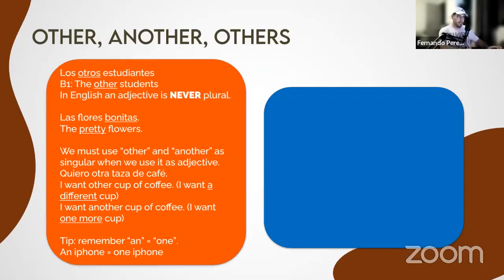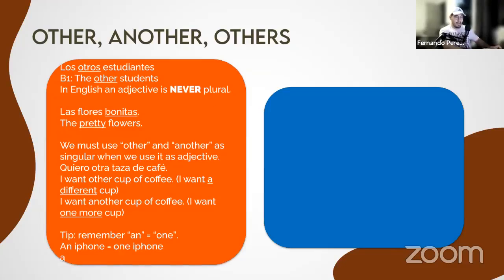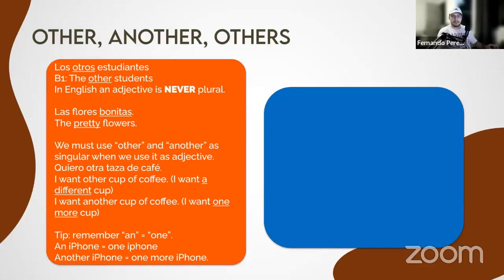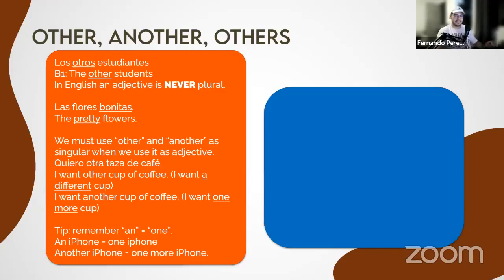So if you say another iPhone, it's similar to say one more iPhone. Because an is similar to one. Does it make sense?